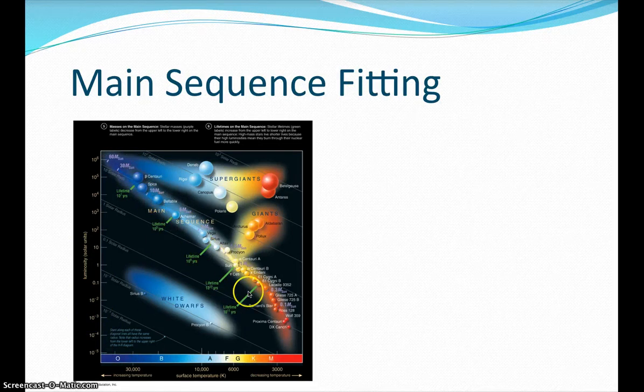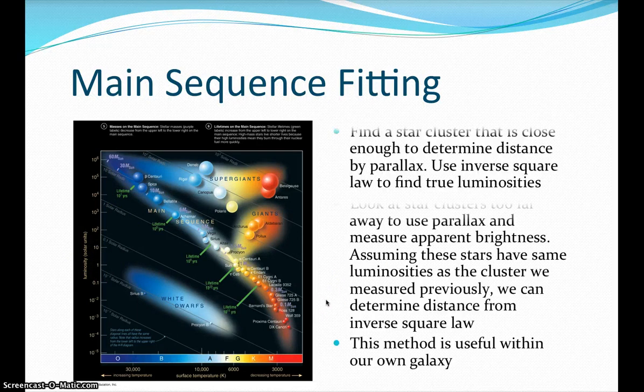Down the middle of the diagram, you see a pretty straight line, and this is what we call the main sequence. This is the area where most stars are classified. If they're on the main sequence, knowing their temperature and their appearance, we actually will be able to read off directly their luminosity.